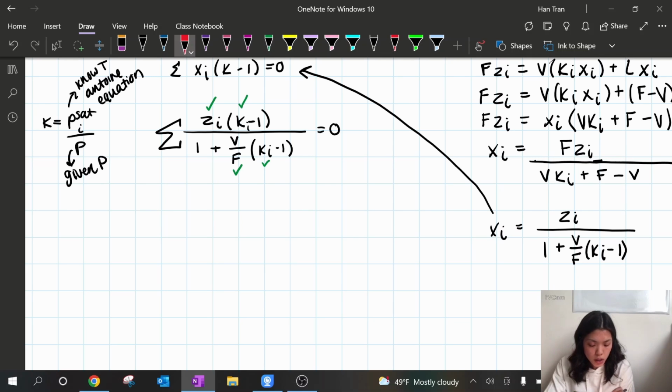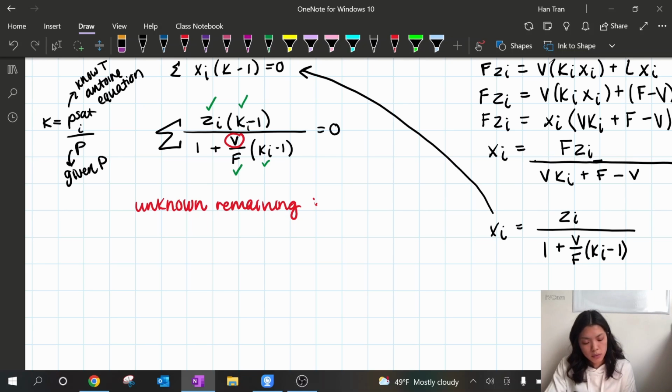And so the only unknown we have is the vapor. But we have one unknown and one equation.